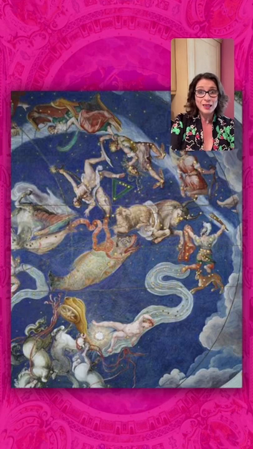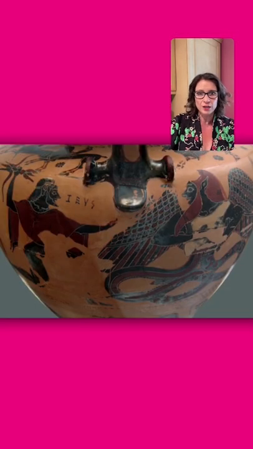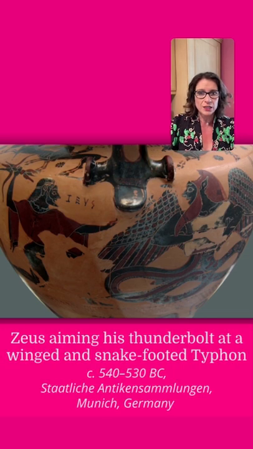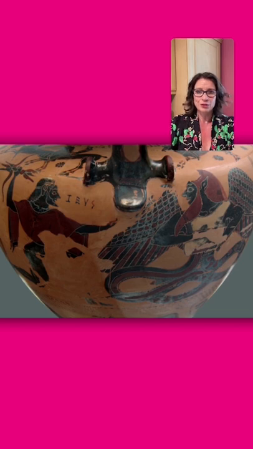So are you keeping up with me? It's a bit confusing, but Typhon is depicted here on this vase. He is the creature on the right hand side who is having a thunderbolt thrown at him by Zeus. This was a gift to Zeus, to have thunderbolts at his disposal at any time.